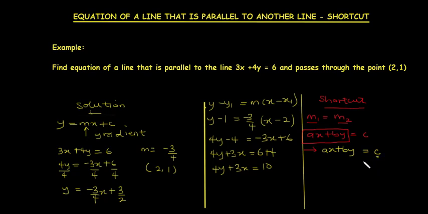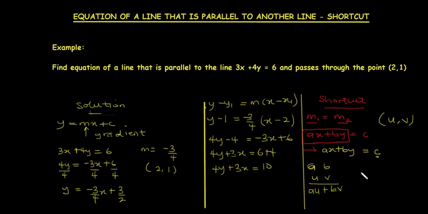So how do we find the c? We find the c by pulling the coefficients of the x and y, which are a and b, and the given point, let's say (u, v). So we multiply a and u, we multiply b and v, and we add them together.